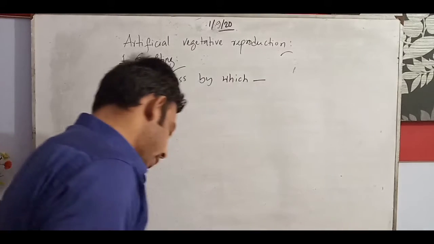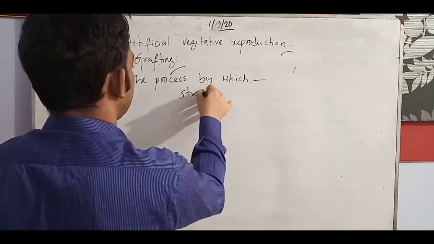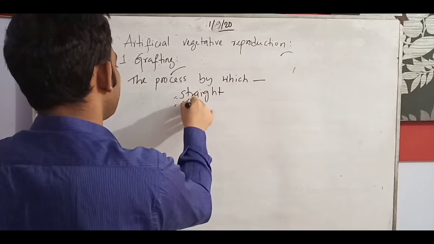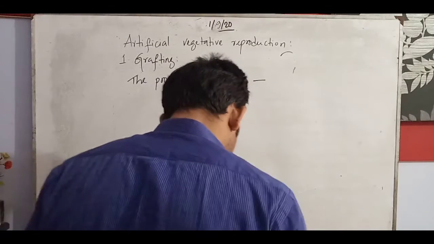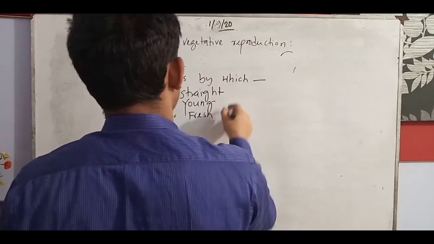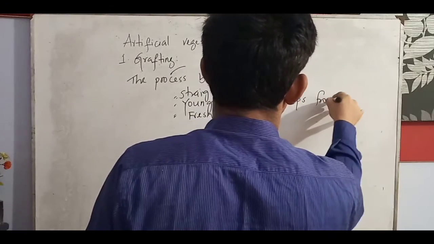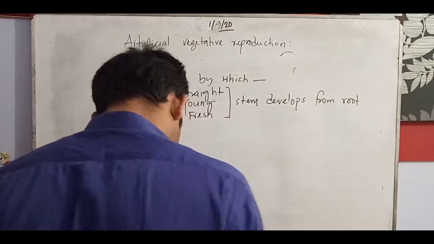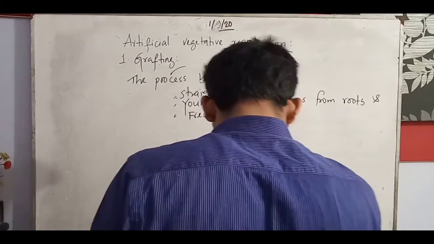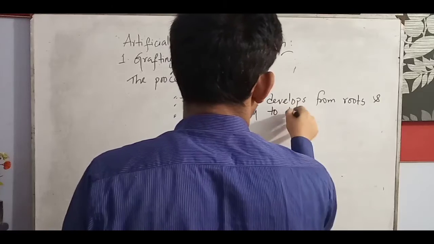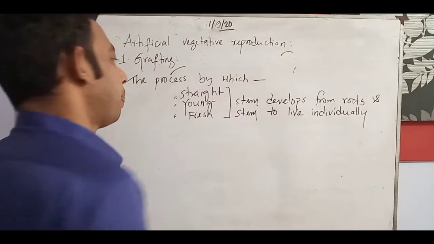Some points to be noted: the process by which a straight, young and fresh stem that develops from roots and lives individually is called grafting. I write it in this way.